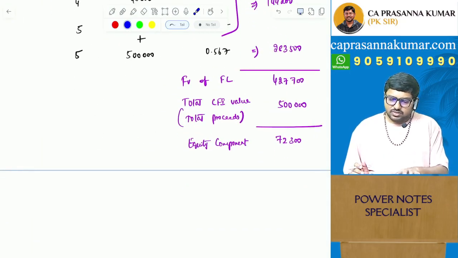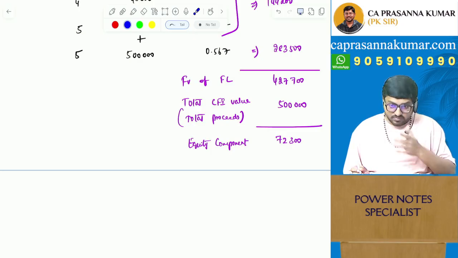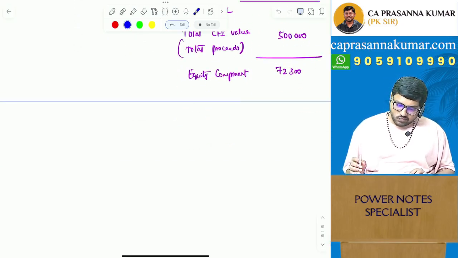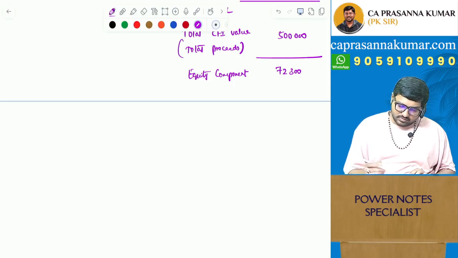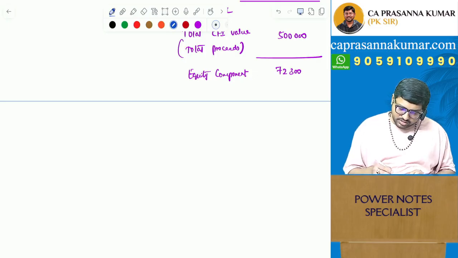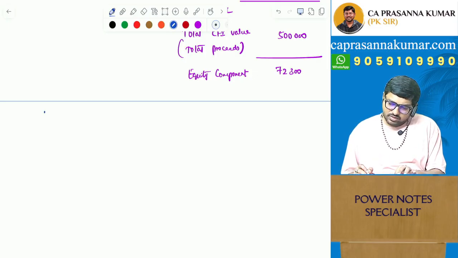Are we done with this? Okay. So let's pass the entry on initial recognition, which is on, what is the date, Ray, in the question? 1/4/2014.